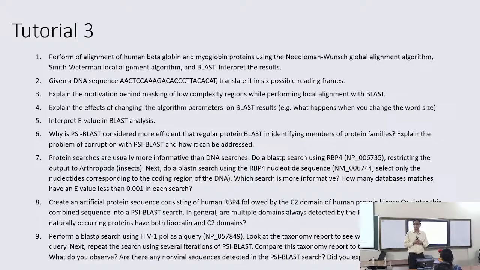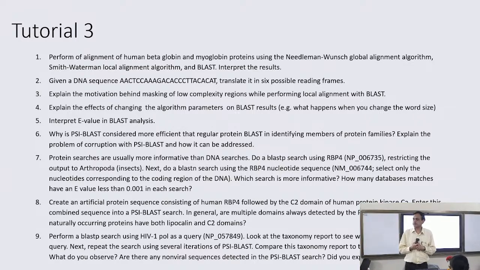So, if you have to align two sequences so that you can identify the domains in those sequences, then which of the two algorithms would you want to use? Global alignment algorithm or local alignment algorithm? Any thought?